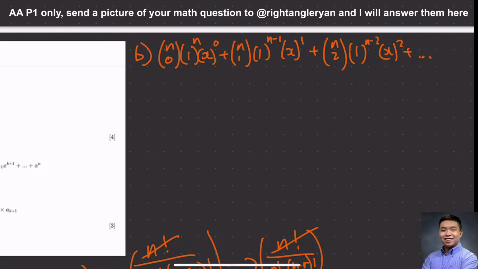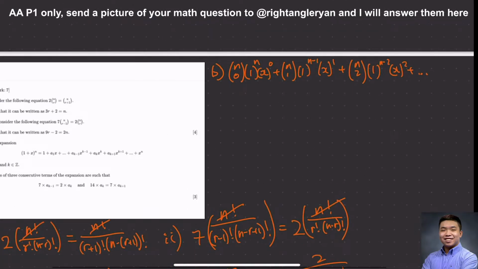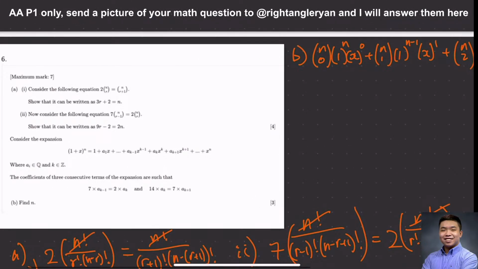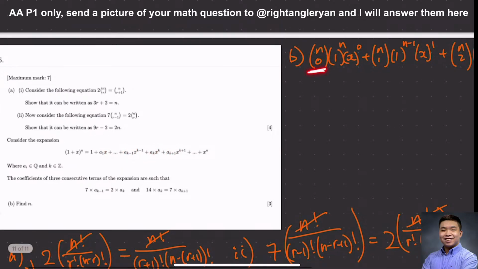Now, what's going to happen? Basically, this 1, I can drop it all because it's just going to be 1, so it's not going to affect anything. So, in other words, my coefficients, a1, a(k-1), a(k+1), all of these will simply just be n choose 0, n choose 1, so it's just going to be the choosing part. Okay?